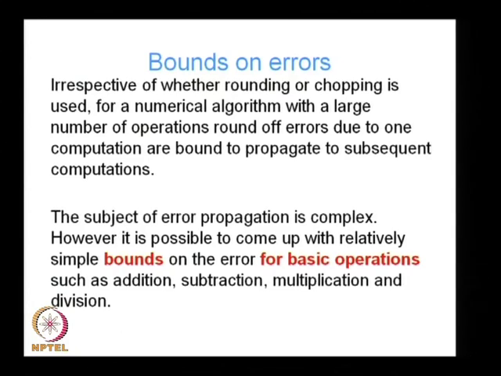The idea being that if we can come up with simple bounds for the basic operations, and since all numerical methods are basically a combination of these simple operations of addition, subtraction, multiplication and division, if we know the errors due to each of these individual operations, we can come up with an error for the entire numerical algorithm.